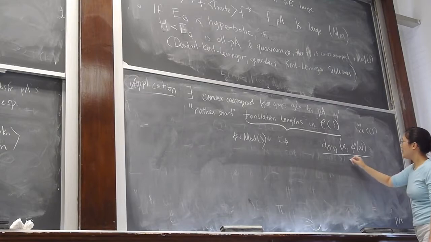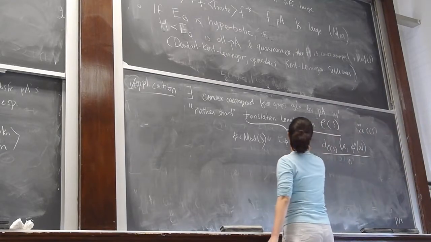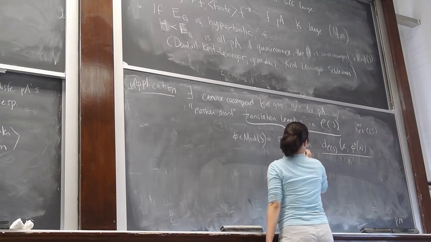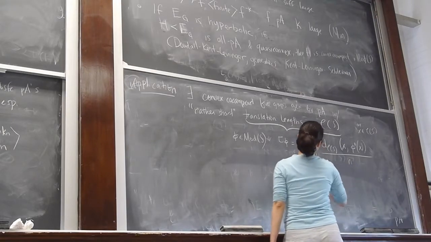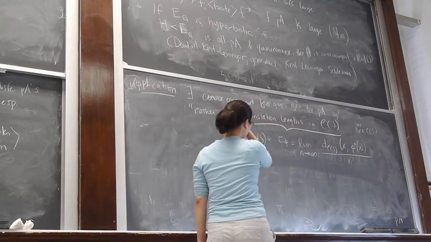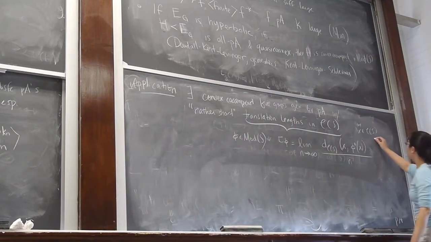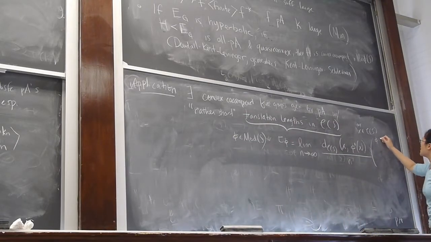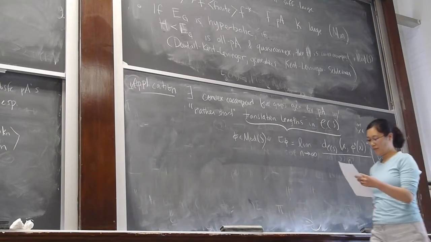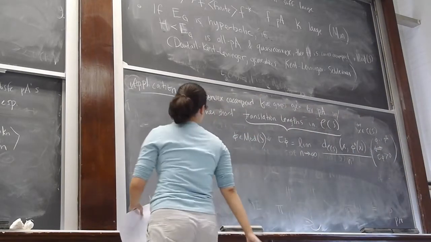I divide out by n and I see what happens. And this limit makes sense, it exists, it turns out. And this is what I mean by translation length in the curve complex. In particular, p is pseudo-Anosov if and only if this is not zero, strictly greater than zero. That's immediate from the definition there.